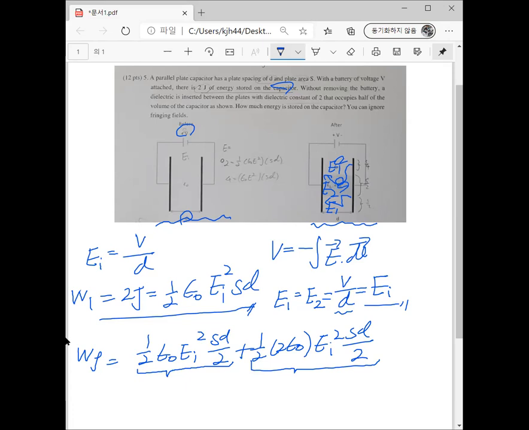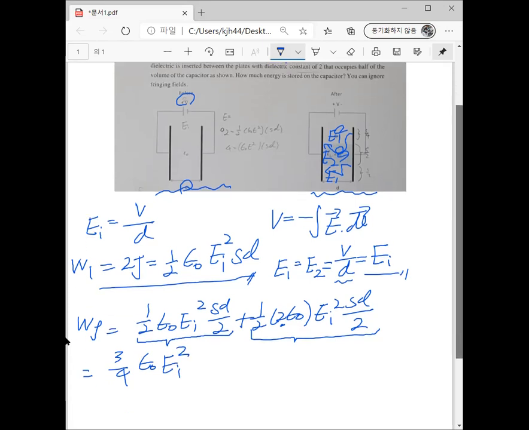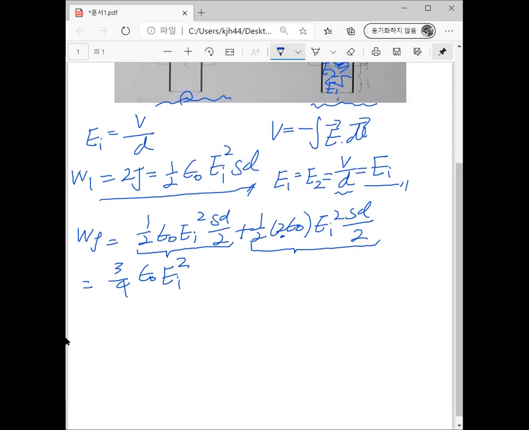So that we have dielectric constant 2 right here. And this is also S d over 2 because it occupies the half of the volume. If you further simplify it, it's going to be 3 over 4 permittivity of the free space multiplied by electric field initial.